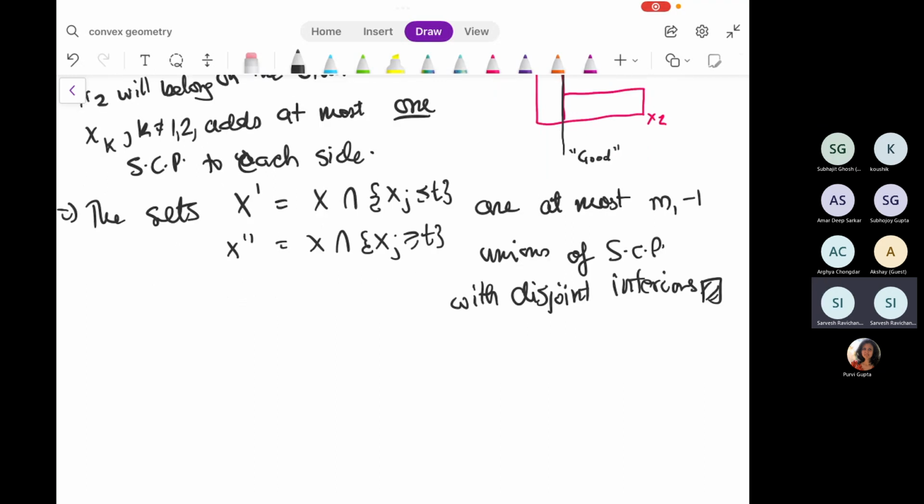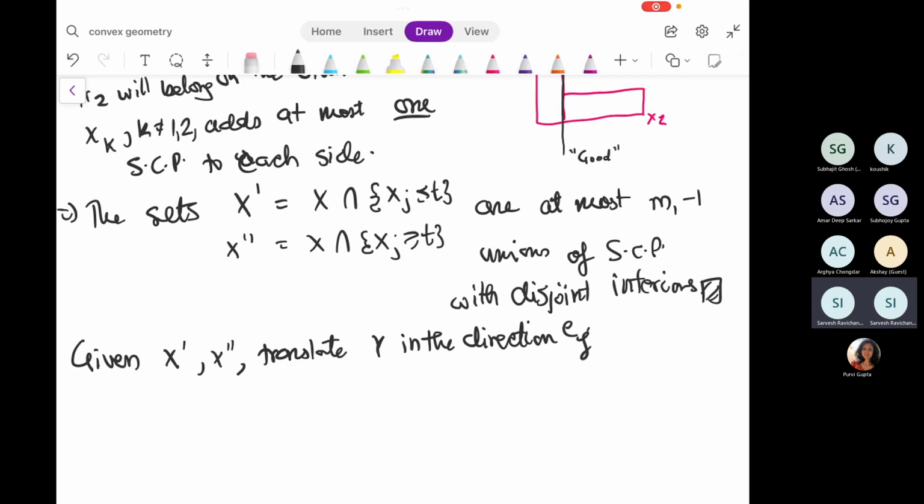So how will we do that? So once we've proven the claim, we have a j and we have a t. So given x prime and x double prime, we will translate y in the direction ej, whether up or down ej, doesn't matter, so that the following relationship holds.